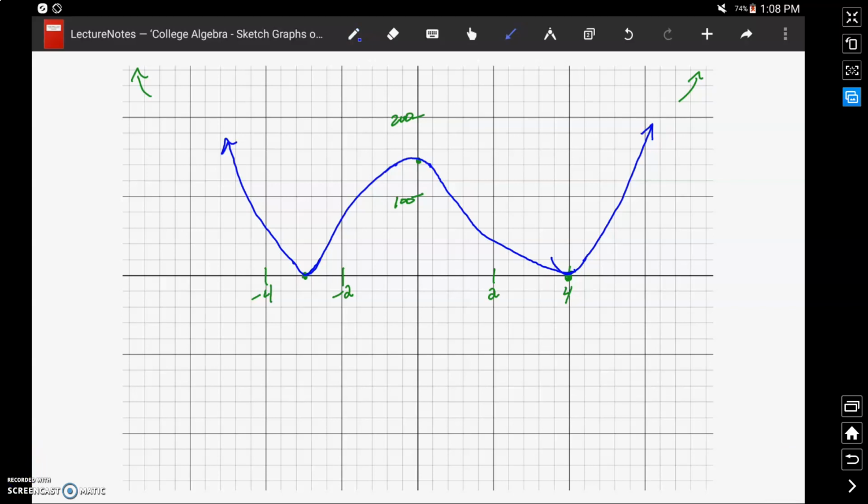I, for one, am not great at drawing, which you can probably tell from these different curves that I've sketched out. But again, the important ideas are to make sure we're representing the correct behavior at each of our intercepts, that we have those x and y intercepts represented, and that our end behavior is heading in the direction that we would expect, given the information that we can extract from that function.